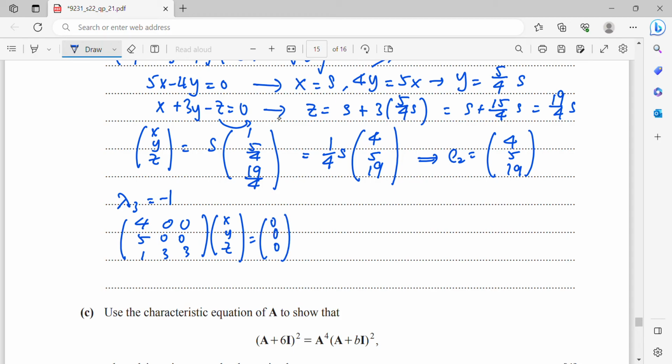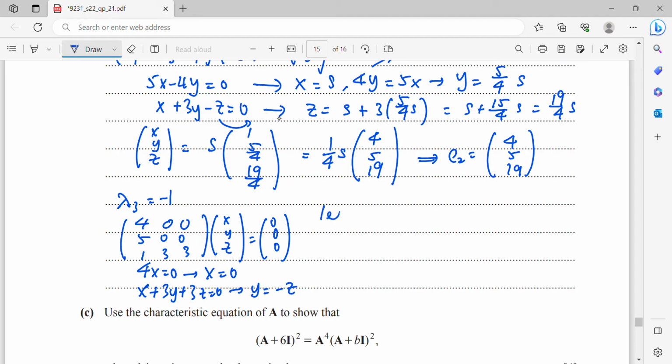Now, when you form the equation, the first equation, 4x equals to 0. That means your x is 0. Okay, then for the second row, it will be the same. 5x equals to 0. So your x is still 0. Then the third row, I will get x plus 3y plus 3z equals to 0. But since your x is already 0, it means that your y equals to minus z.